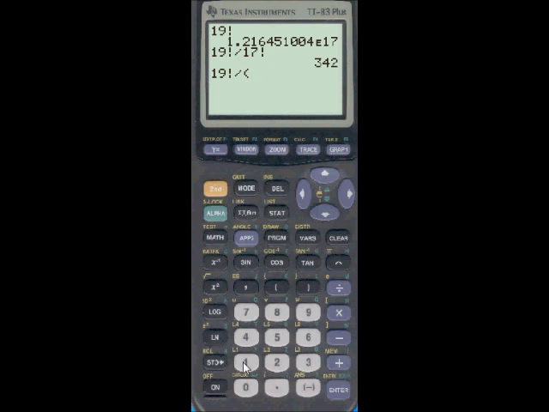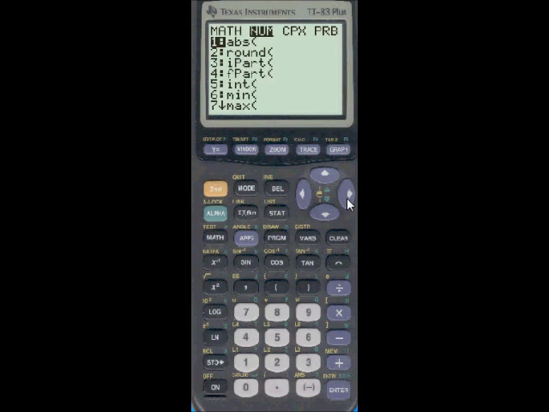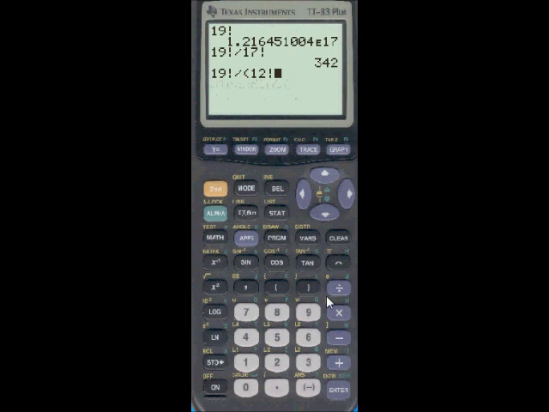So I'm going to put, for example, 12 factorial. Oops, didn't go over enough. Factorial. And then I didn't put it in the parentheses, so let's delete it.